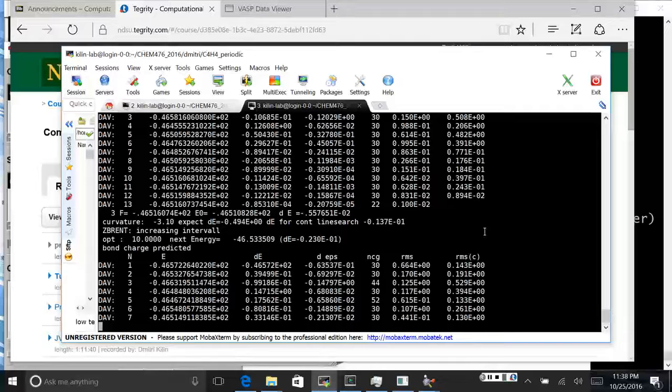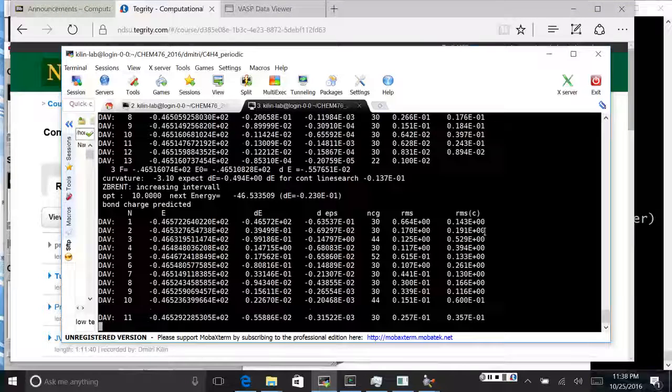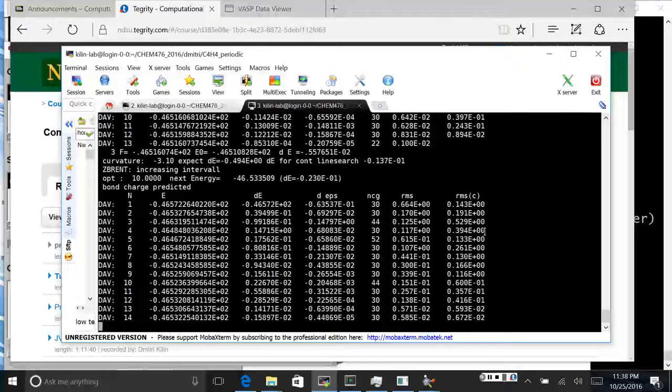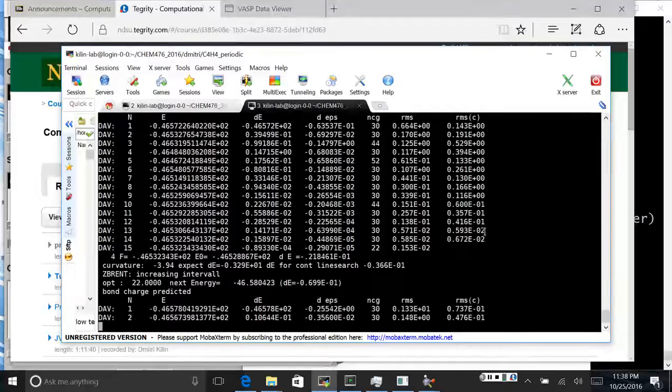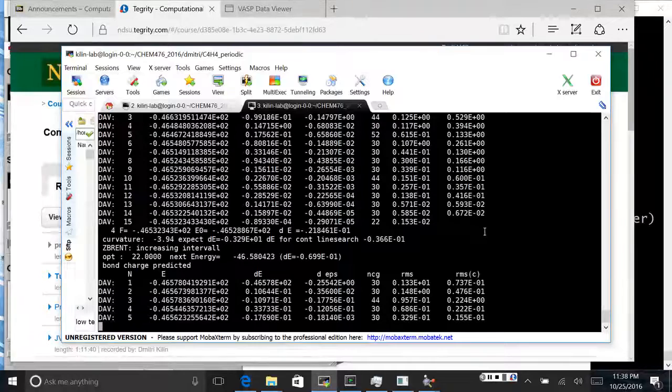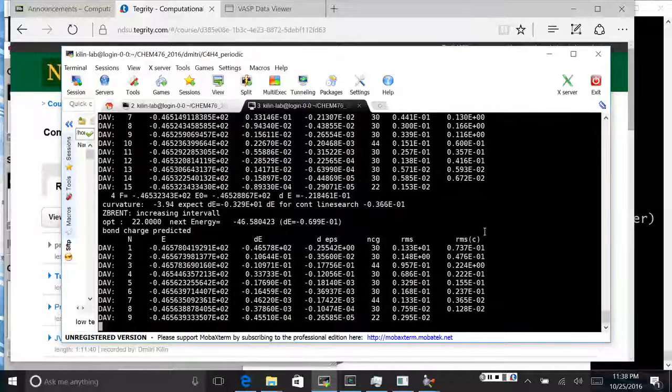So we can sit and watch this optimization of energy and optimization of structure for several steps.